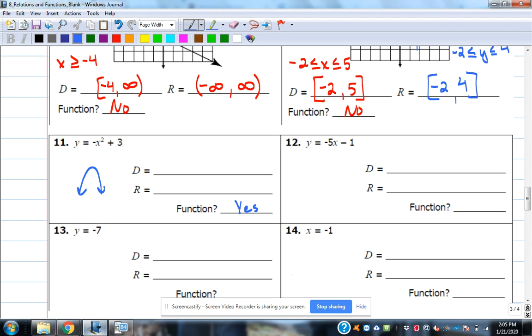They didn't say stop at a certain x value or start at a certain x value. So what would our domain be if it has arrows on both ends and are going opposite directions? X values left to right. If it's going further out to the right and further out to the left, what's it going to go toward? It's going to go toward the infinities.